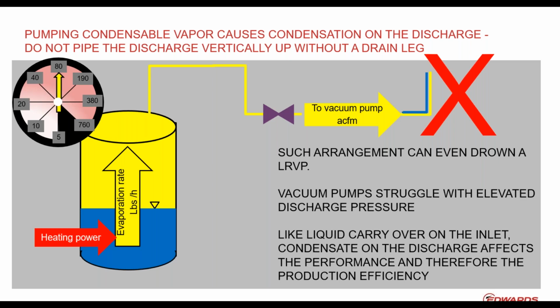Again, mechanically, these pumps can handle it. Just from the processing side, it simply slows the process down, because no matter if you turn liquids into the inlet or have discharge condensate running back into your pump, your vacuum pump does not have the capacity that it nominally has, if that wouldn't be the case.